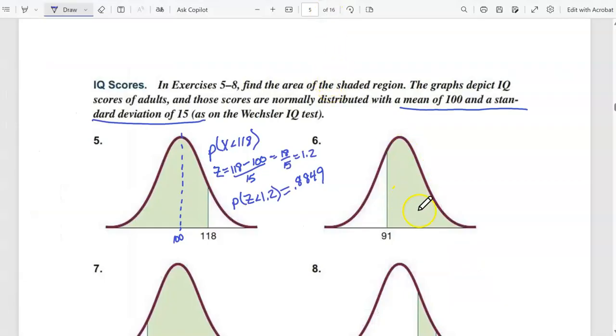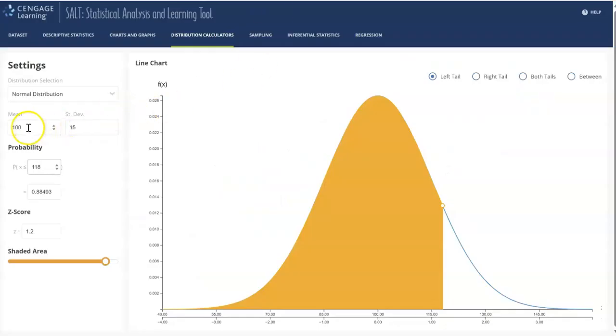Let's do another one. Let's look at number 6. We want to find the probability that we are greater than 91. So what's the probability a randomly selected person would have an IQ greater than 91? I'm going to use technology. The mean is 100, the standard deviation is 15. Now we're looking at greater than, which means right tail.